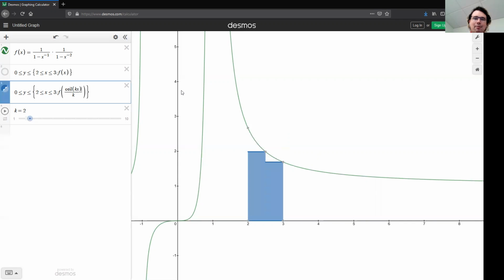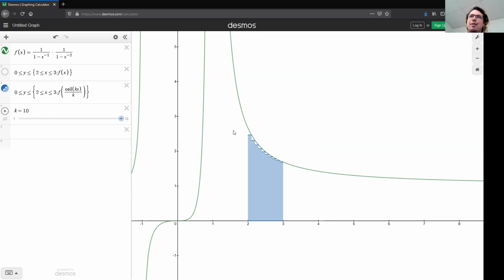Or if I'm coming in from above, I have less extra than the area I'm interested in. As I go, I can use 3 rectangles instead of 2. I can use 4 rectangles instead of 3, and so on. And it looks like these are giving me better approximations. There's definitely less empty space here as I take more and more rectangles.